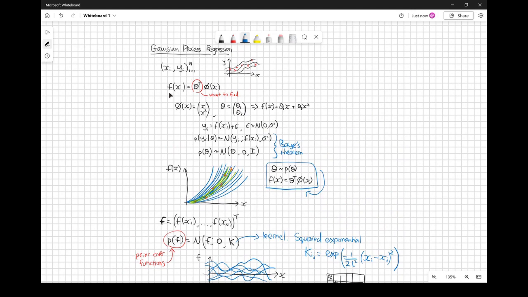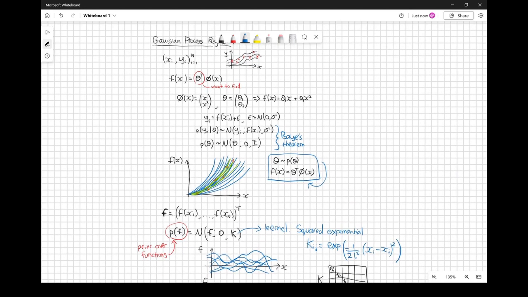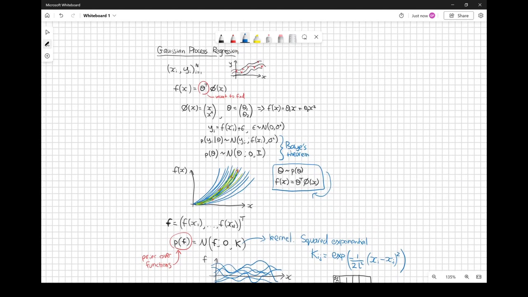In our case, we specified a basis function that gave us a quadratic model for f. But that restricts us from that point onwards to only being able to fit something from this quadratic family to our data. So it's sometimes called parametric regression because we're limited to that parametric family.